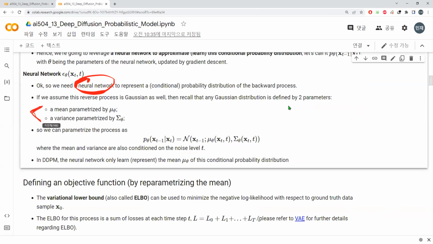One is the mean of it, and the second one is sigma, the variance of it. So we can parameterize the reverse process as p_theta, as I already said, and this is a conditional normal distribution which can be expressed in this way.